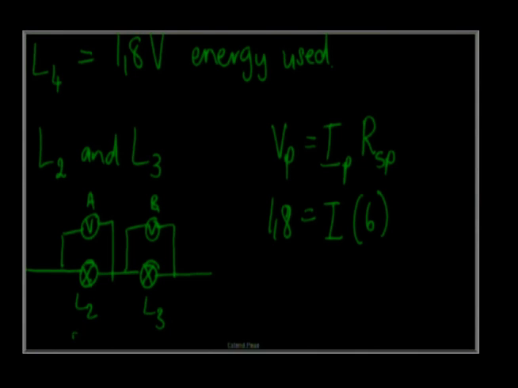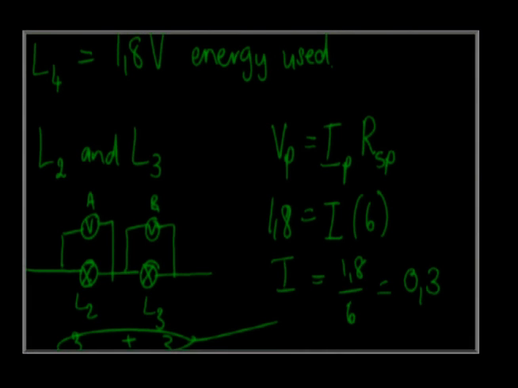So it's the 3 ohm here, plus the 3 ohm there, and that is where I get my 6 for that side. Okay, so your current is going to work out 1,8 divided by 6, and that is going to give you a current of 0,3 ampere through this branch.